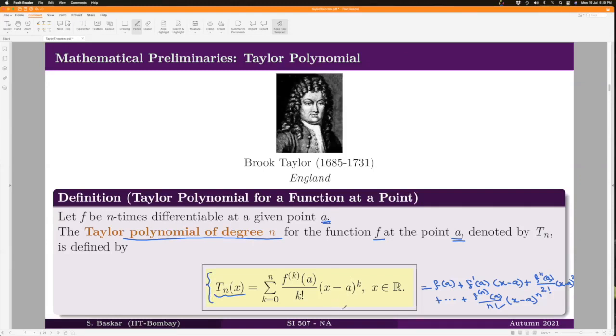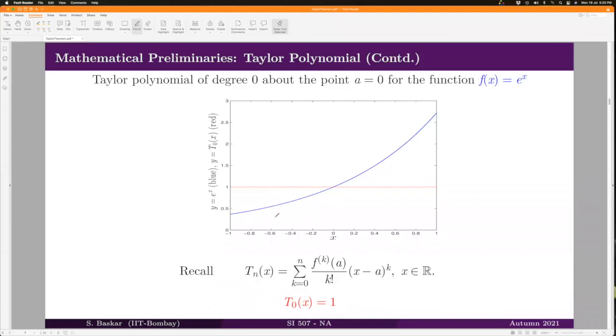Let us now take an example and see how this Taylor polynomial compares with the original function. In our example, we will take our function f to be e to the power of x, and when you take n equal to 0, you can see that T0 of x is equal to e to the power of 0, which is 1, right?